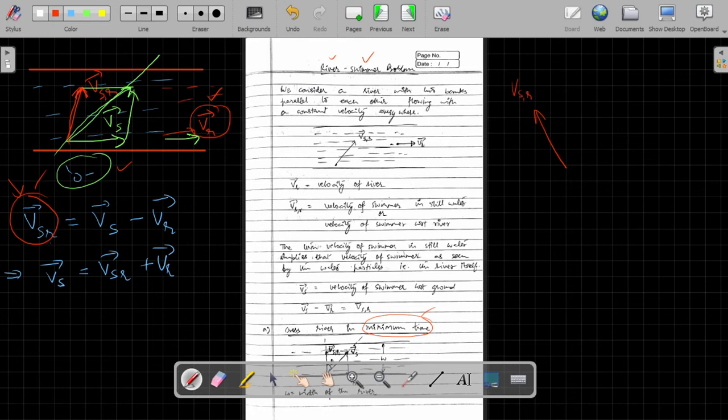Let's say it is represented by this vector, and the velocity of river, let's say, is represented by this vector. Now, what does this velocity of swimmer with respect to river represent? It represents how fast we are trying to swim in one particular direction, and theta signifies at what angle we are trying to swim.